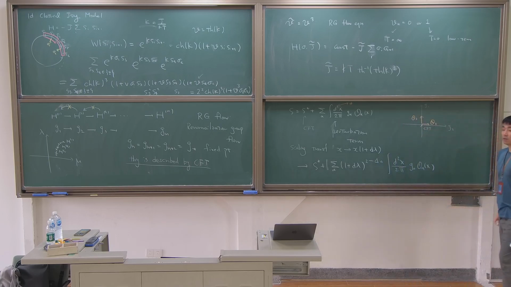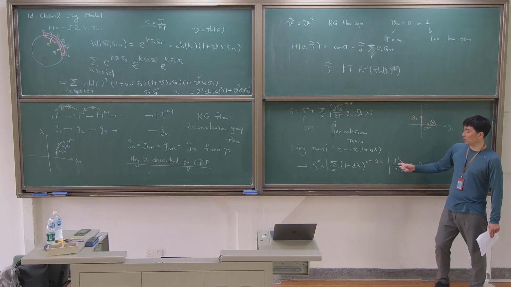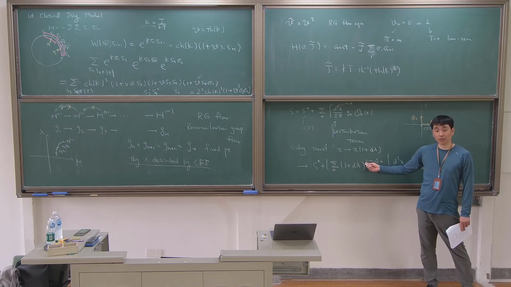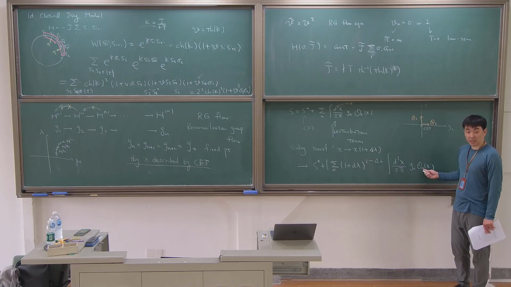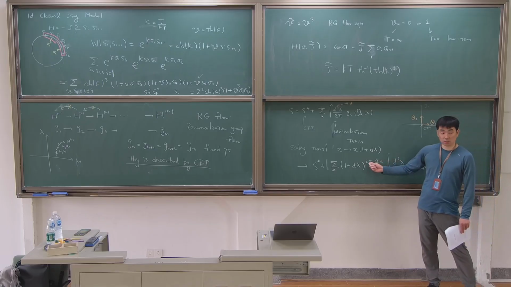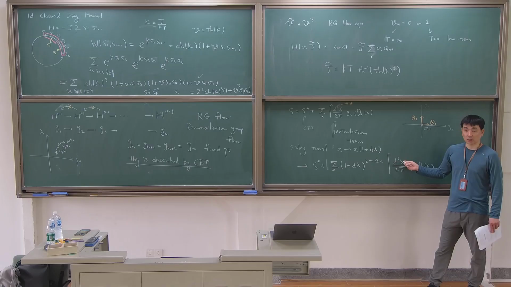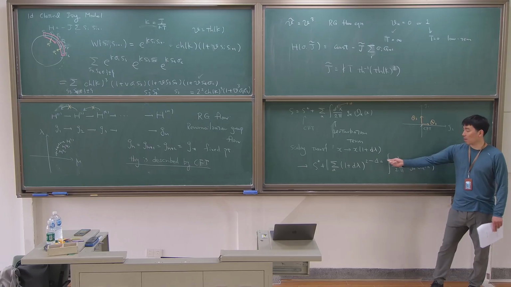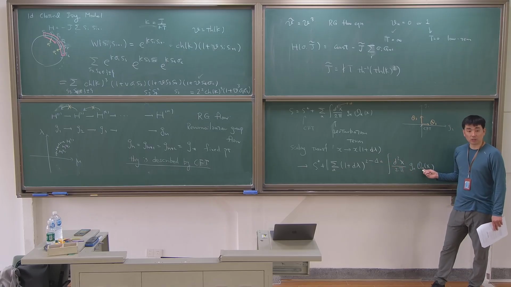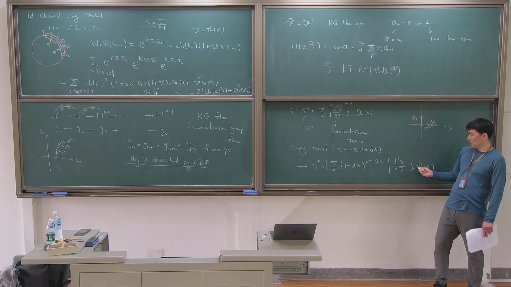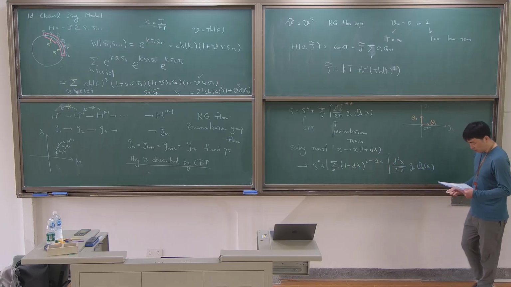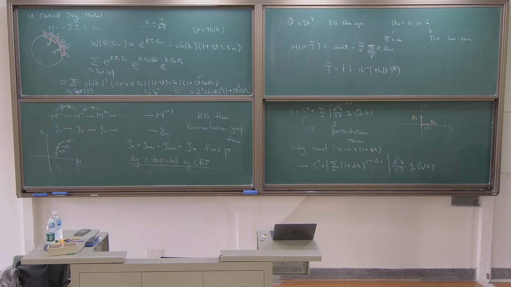So that's how it scales. dx will give you this square here, and this operator has a scaling dimension, so that 2 minus delta will show up in the exponent. These 2 come from the d square x integration term, and this delta comes from the operator. Delta is the scaling dimension of operator O.